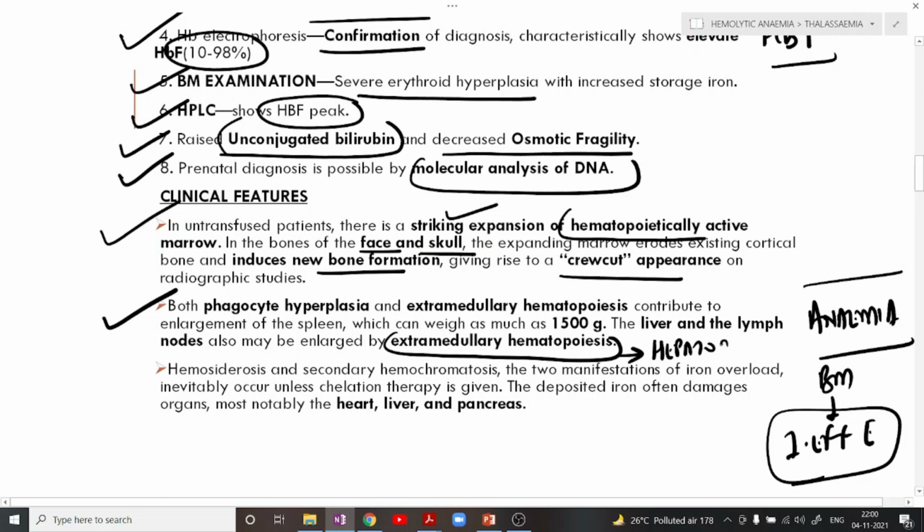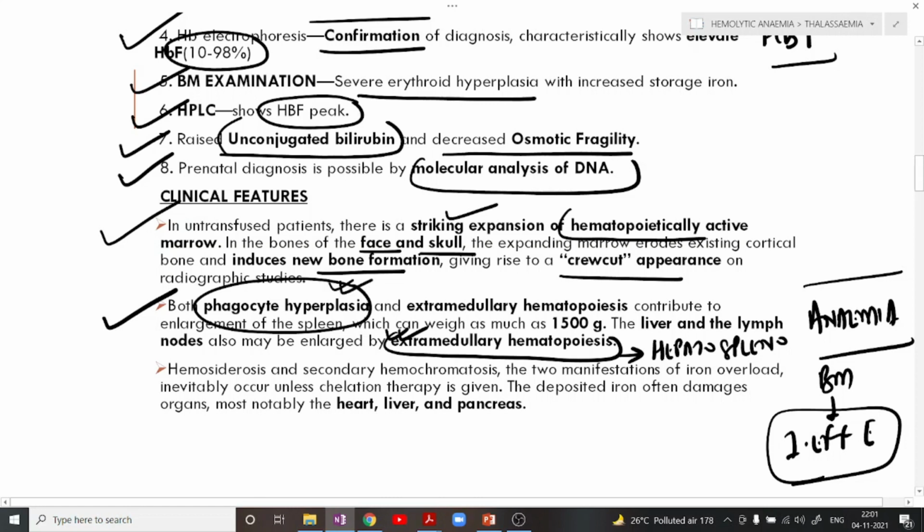There's a huge hepatosplenomegaly. But the cause of hepatosplenomegaly is not just extramedullary hematopoiesis. Also there is phagocyte hyperplasia, because more phagocytes are required to remove the dead RBCs. Now, if you remember, there is some amount of extravascular hemolysis, leading to phagocyte hyperplasia and hepatosplenomegaly as well.